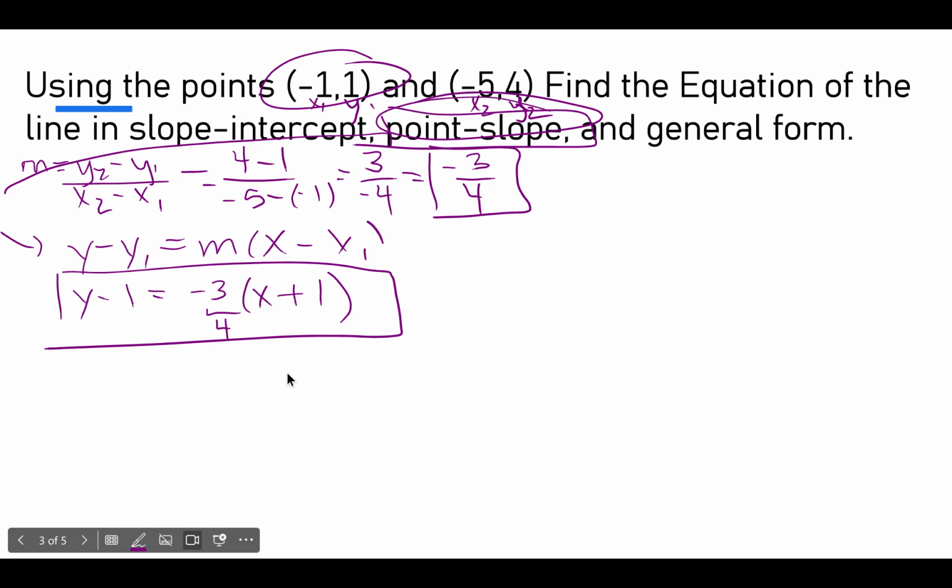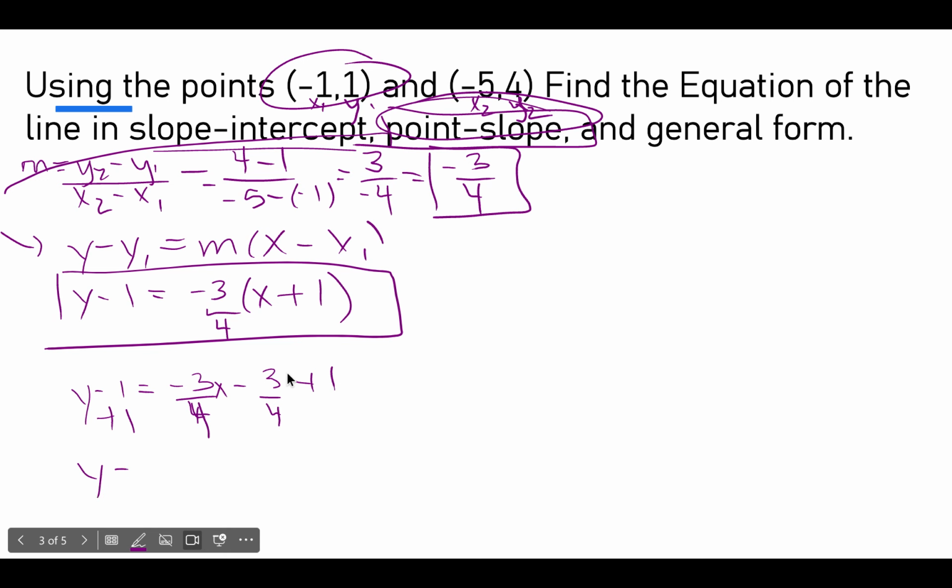Now we can turn that into slope y-intercept form by distributing the slope through and getting y alone. So that's what I'm going to do now. So I'll have y minus 1 equals -3 over 4x minus 3 over 4. And then I need to add 1 to both sides.